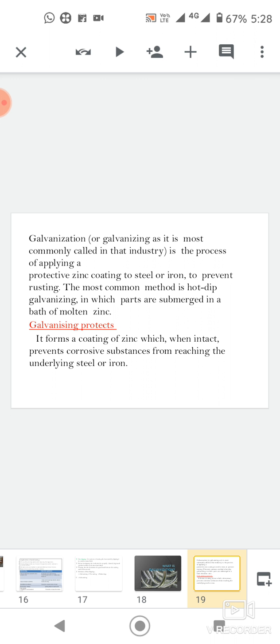Galvanizing, as it is most commonly called in the industry, is the process of applying a protective zinc coating to steel or iron to prevent rusting, means it protects against corrosion. The most common method is hot dip galvanizing, in which parts are submerged in a bath of molten zinc.